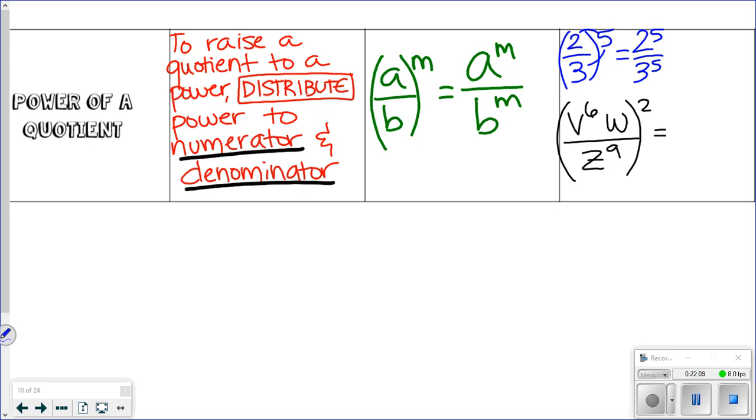You could leave your answer like that, or you could write 32 over 243, which doesn't reduce or simplify. So 2 to the 5th power over 3 to the 5th power, or 32 over 243. Either answer works.